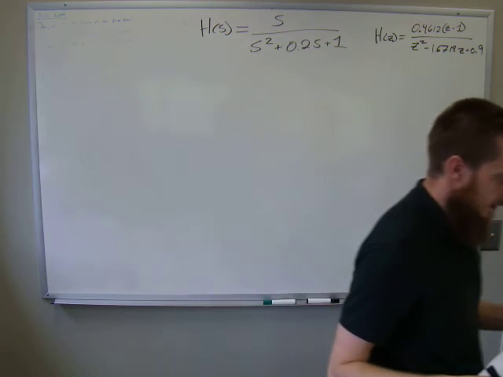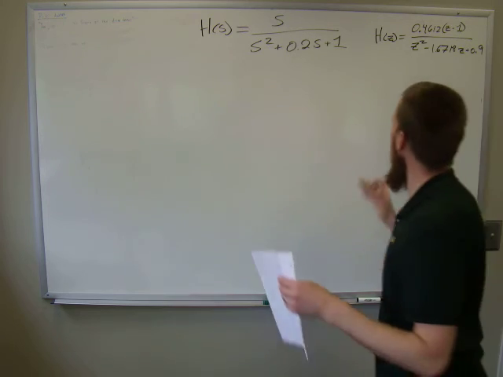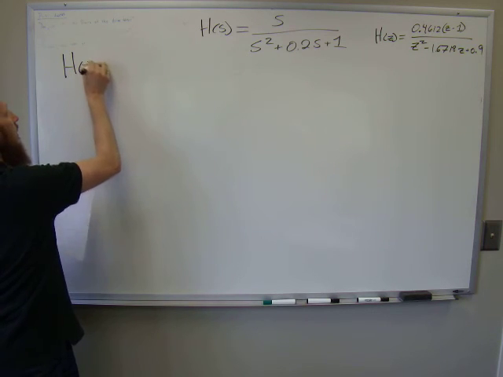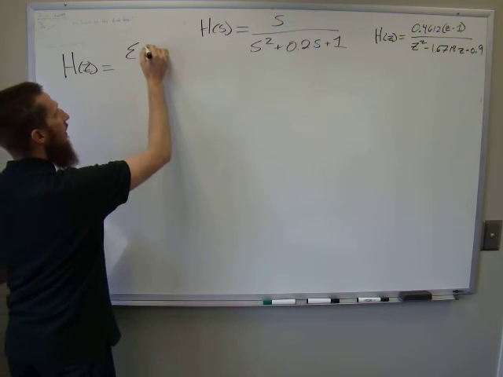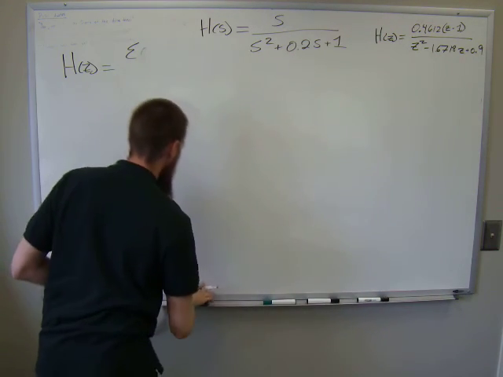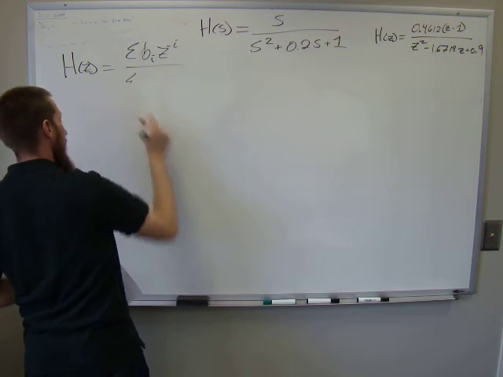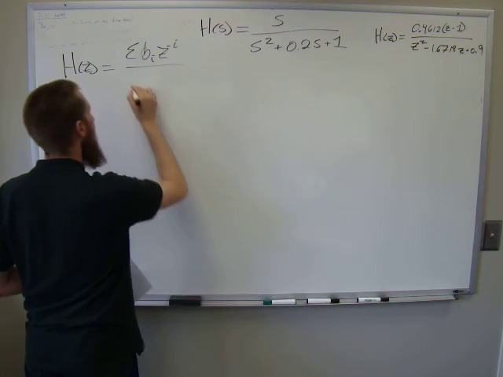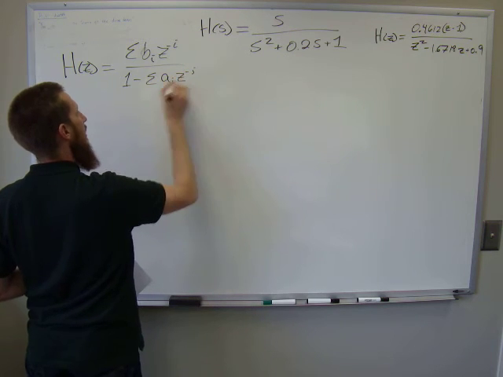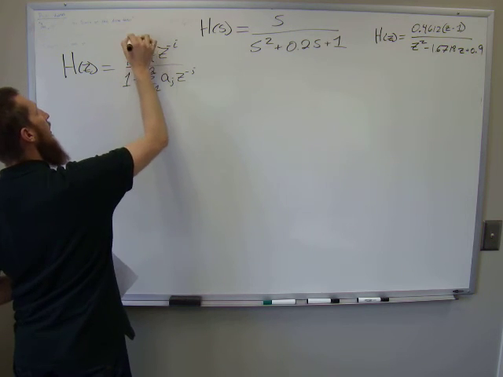Okay, so now what's the next thing that we need to do? We're not done yet. Now we need to relate it to our standard form, which again is h of z equal to the summation of b of i, z to the negative i, divided by 1 minus the sum of a of j, z to the minus j, where j is equal to 1 to q, and i is equal to 0 to p.